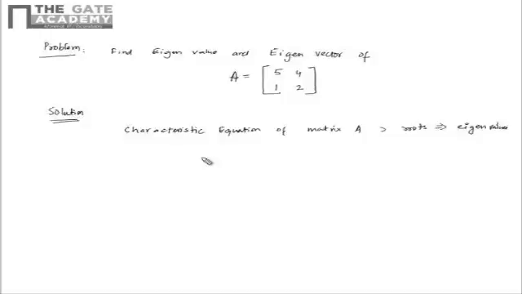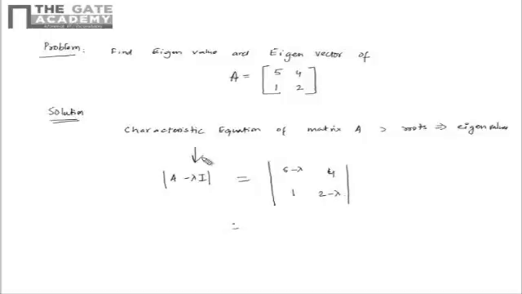So the characteristic equation is what? It is det(A minus lambda I). We have seen the diagonal terms, you just have to subtract lambda and then take the det. It's as simple as that.